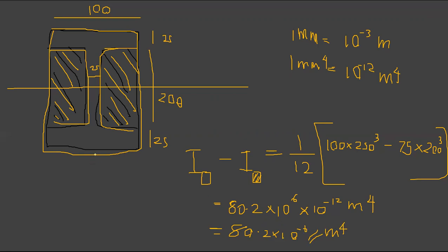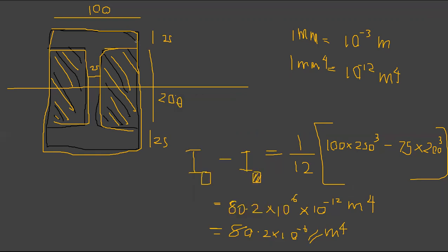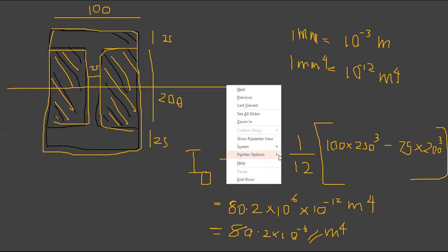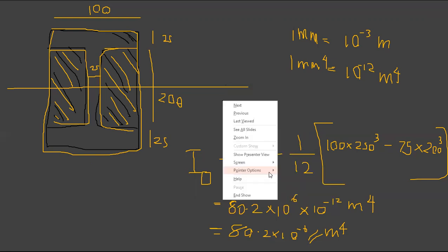Then I need the Q value, the first moment of area of this part in red, right?